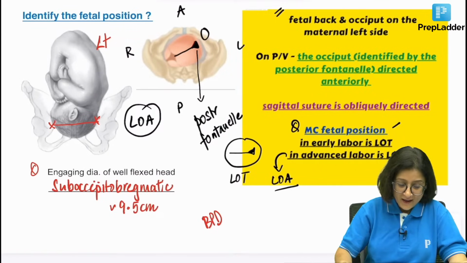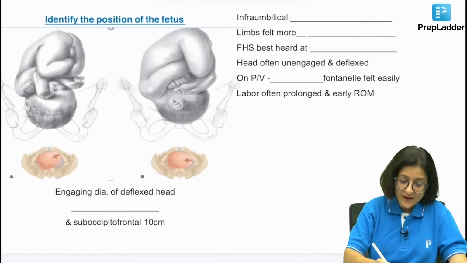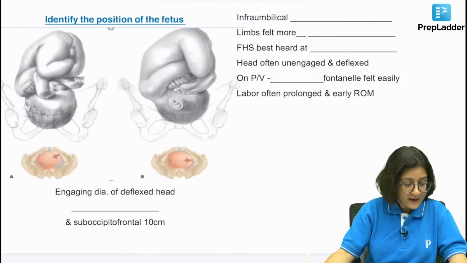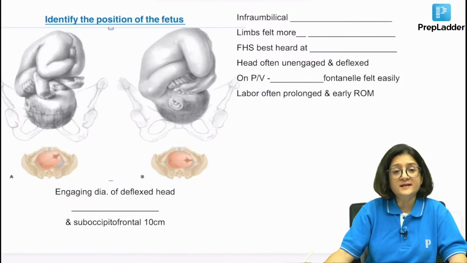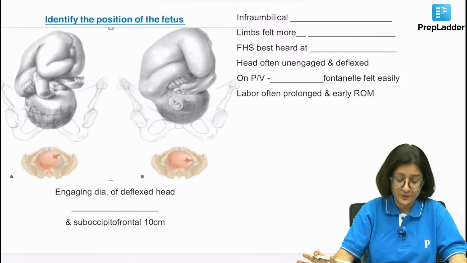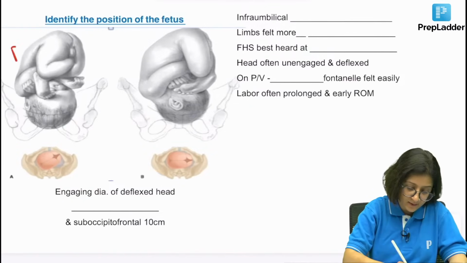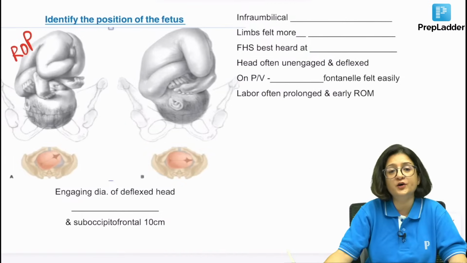All right. Now, next slide. Identify the position here. Who had said ROA? I forgot. Now, these are the right occipito positions. On the left here is right occipito-posterior.